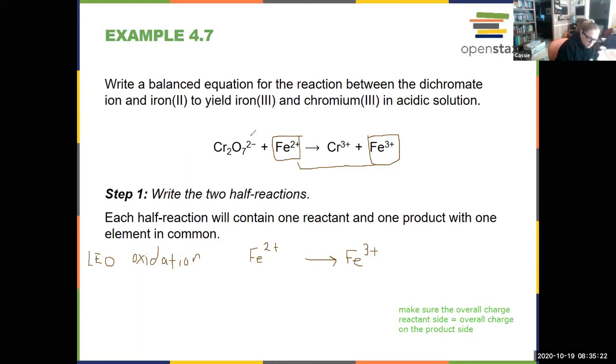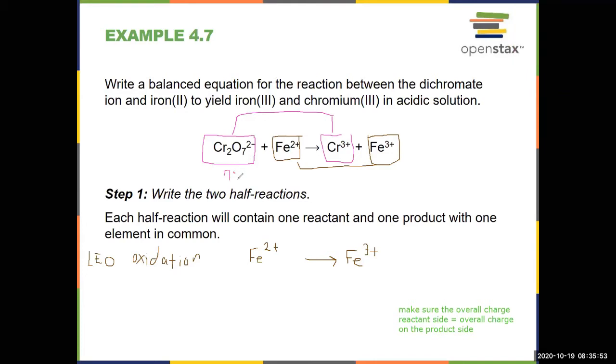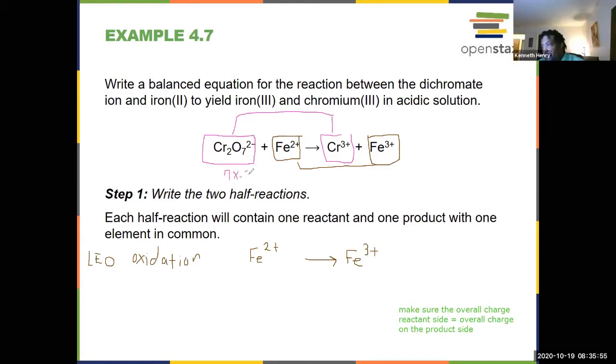So by default, the dichromate ion going to chromium 3 plus must be reduction. We can test that out too, because if we have 7 oxygens, each oxygen has what oxidation number? -2. So 7 times -2.